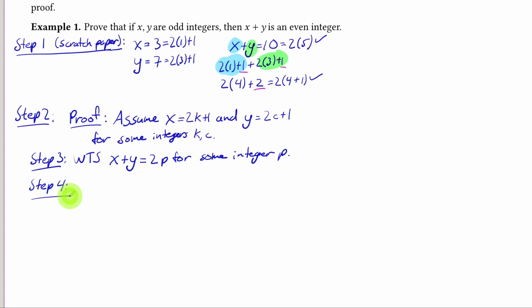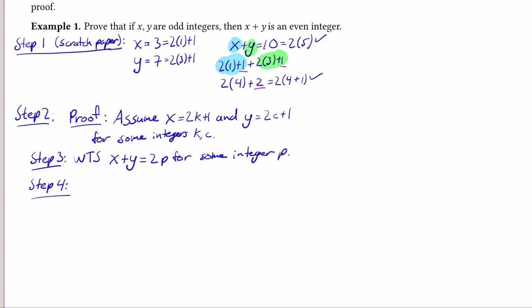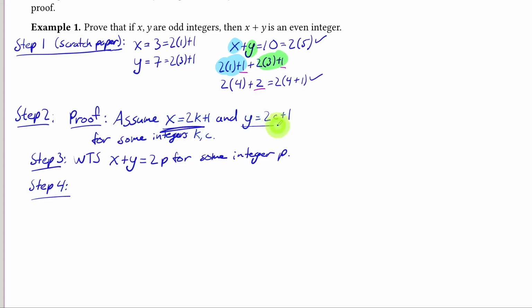Now, step 4, draw the rest of the owl. Okay, so we want to show something about x plus y, and we have this thing we know about x and y, so let's write it in that form. x plus y is 2k plus 1, that's the x part, and y is 2c plus 1 for some integers c and k.